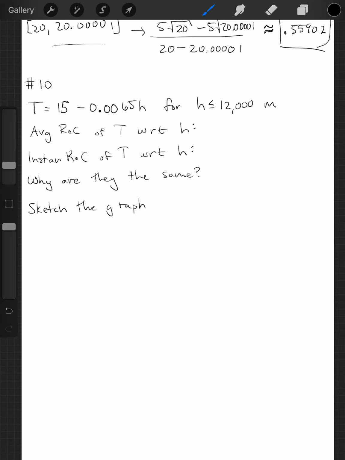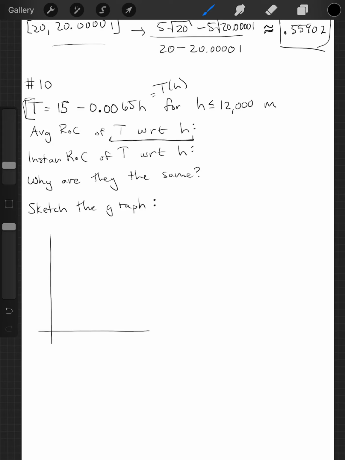Right, and I'm actually going to skip straight to the graph because that helps answer the why, and it can kind of help explain where we get the first two answers too. Right, so this is a linear function, right? If this is T of H, that's what this T with respect to H means, is that it's a function like that.